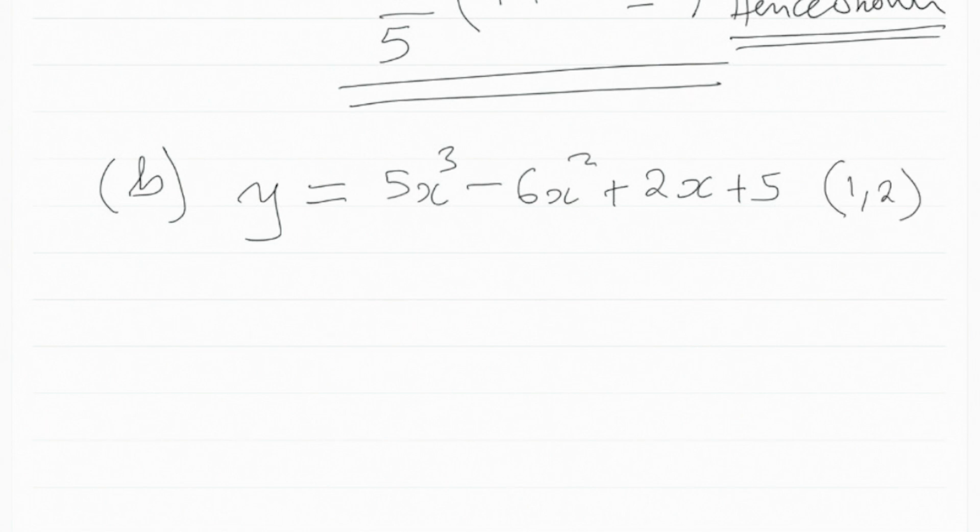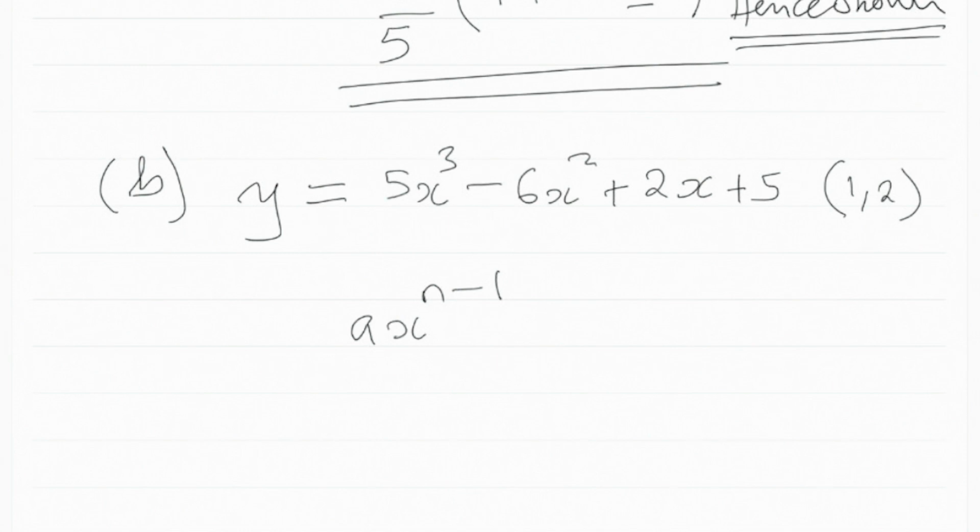To find the equation of the normal to this curve, there are certain concepts that you need to understand as a candidate. Here you need to know the rule of differentiation. The rule of differentiation can be simplified in the formula, let's say for example, a x^n becomes n a x^(n-1).